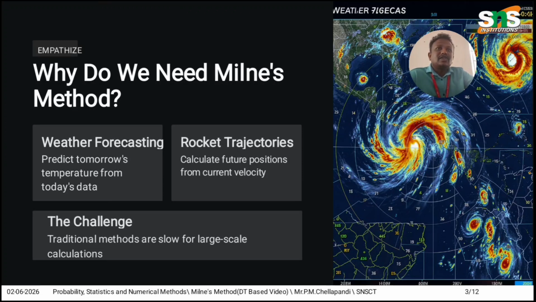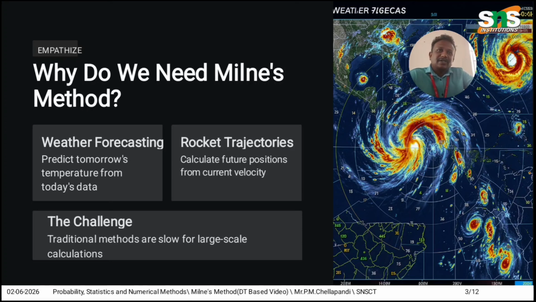Consider weather forecasting. Meteorologists need to predict tomorrow's temperature using today's available information. Similarly, think about rocket trajectories. Scientists must predict future positions of a rocket based on present velocity and acceleration.